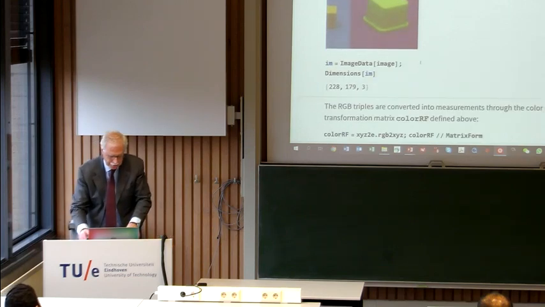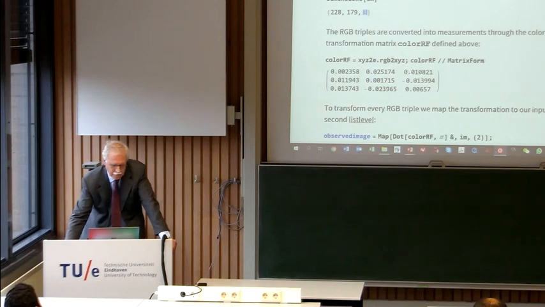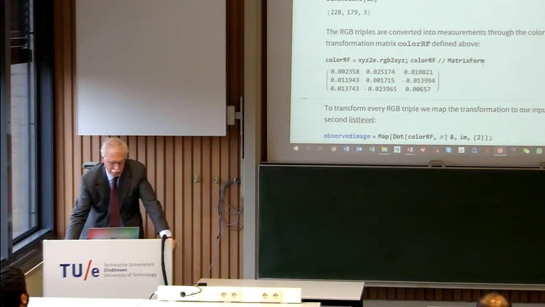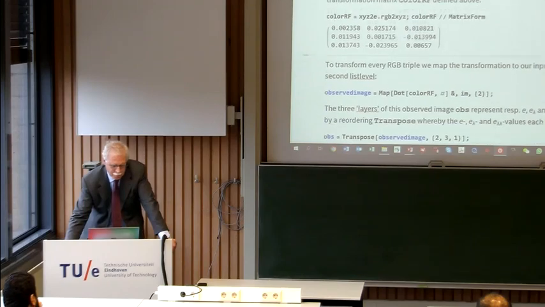Let's have a look at the data. The data is 228 by 179, and it has a triple. It's a color image. Now I define my color receptive fields. That's a triple of these three columns.